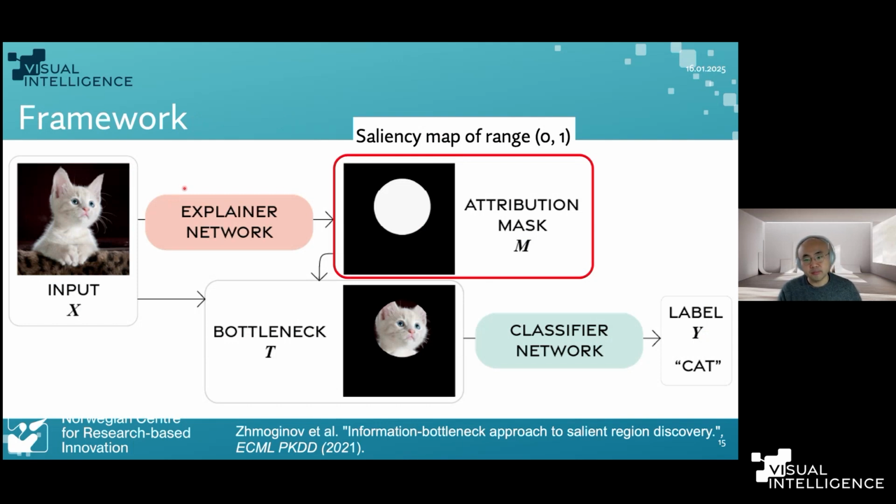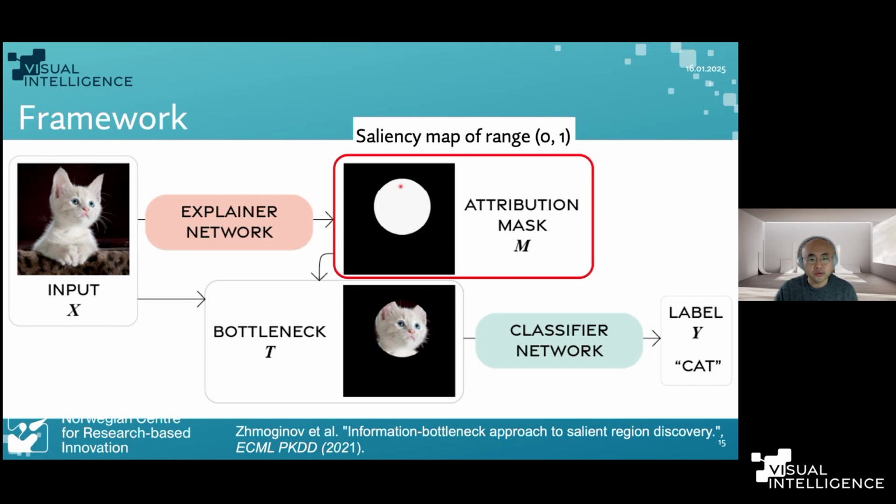This is a simple illustrative figure for our framework. This attribution mask M is our saliency map. As I mentioned before, the bright region should be close to 1, and the dark region should be close to 0.